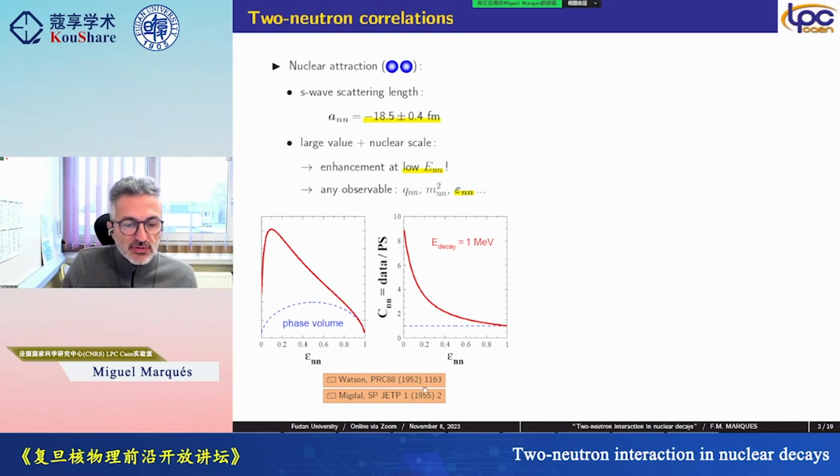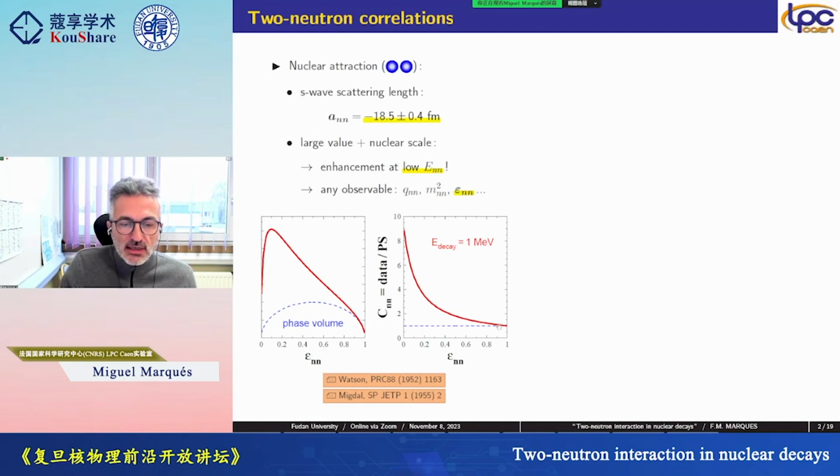And already in the 50s, Watson and Migdal gave, with this scattering length, the characteristic shape of a virtual state that starts at 1 and goes up for 0 energy to a very high value given by the scattering length.